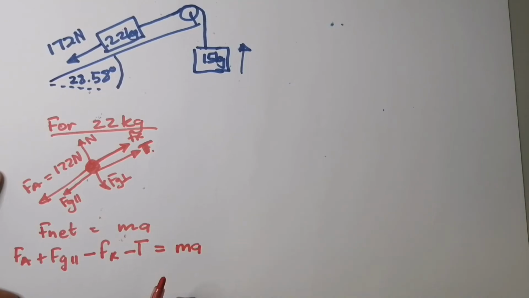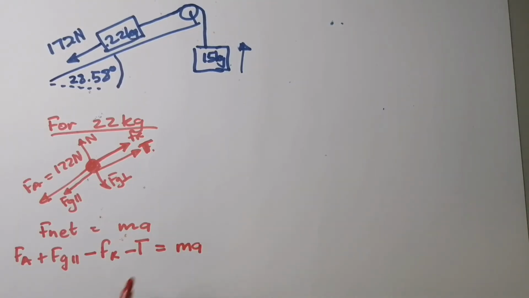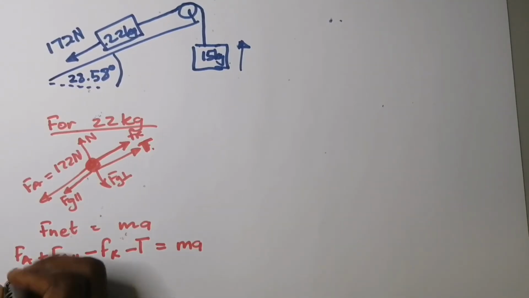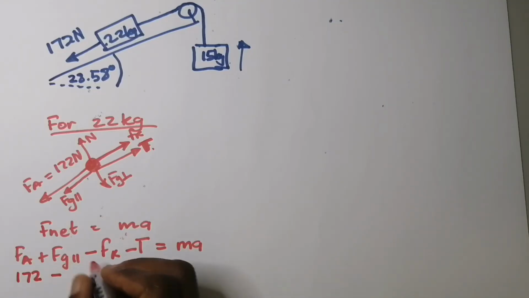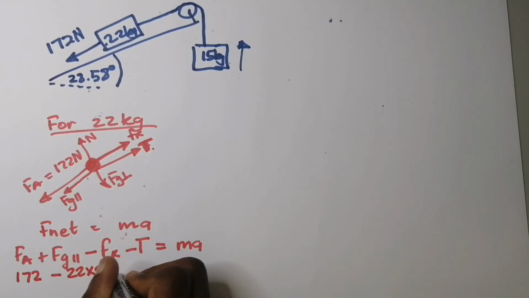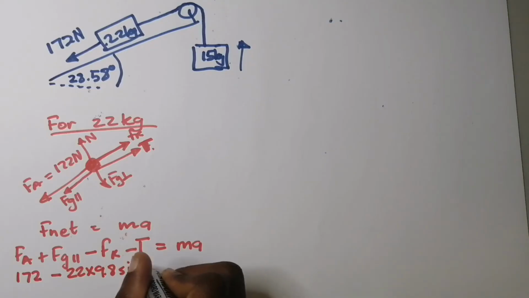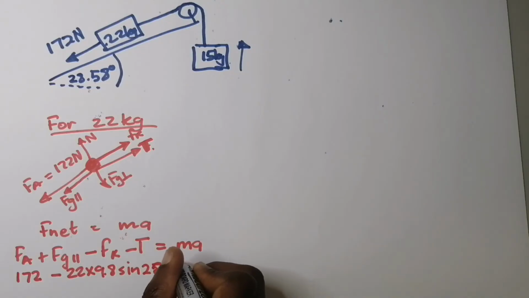Okay, so let's try and substitute what we know. That is going to be 172, minus our FG parallel. Remember, that's mg sine theta, so that's 22 times 9.8 times the sine of our angle theta, which is 28.58.